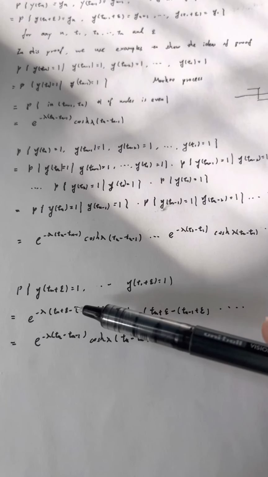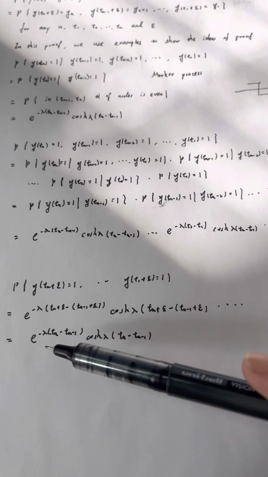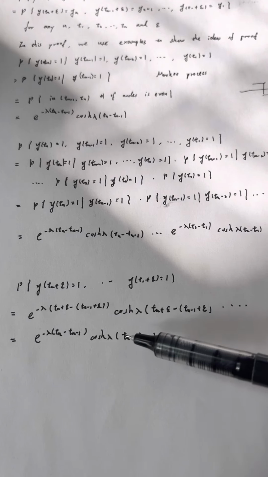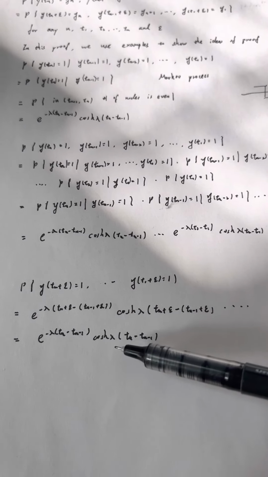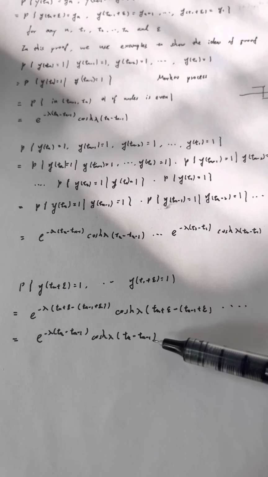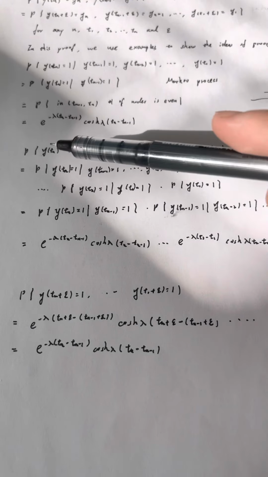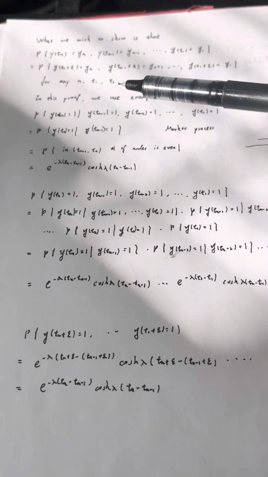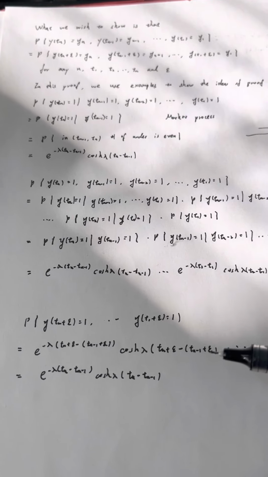We can cancel epsilon in each term, so it still equals e to the power of minus lambda times (t_n minus t_{n-1}) times cosh of lambda times (t_n minus t_{n-1}). So this equals the earlier result. That's what we want to prove here, and therefore we know that a random telegraph signal is an SSS process.